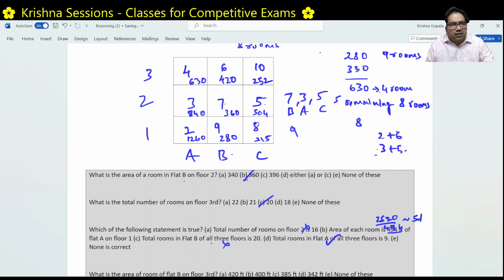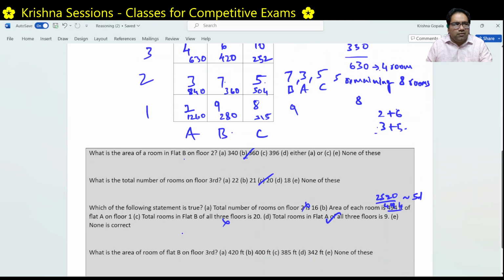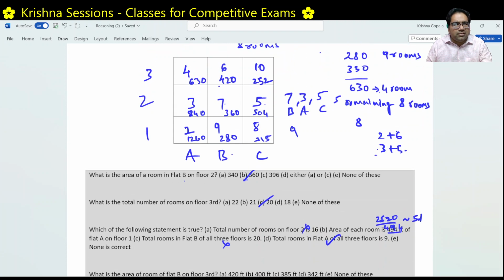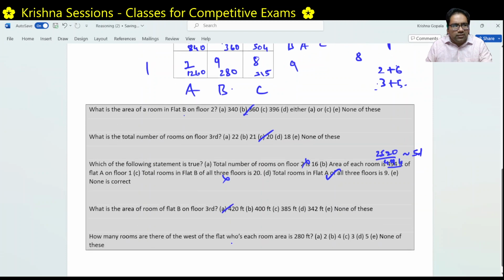Then next one. What is the area of room of flat B on third floor? Flat B on third floor is actually 420, which is this answer, 420. Next. How many rooms are there to the west of the flat whose each room area is 280 feet?